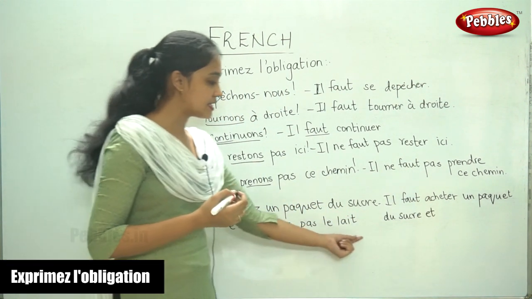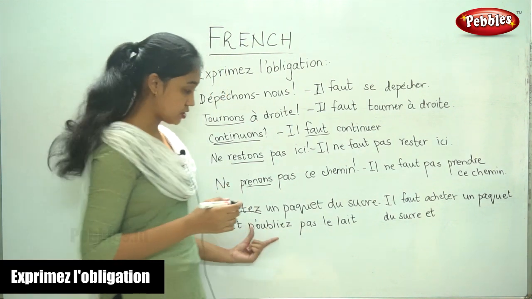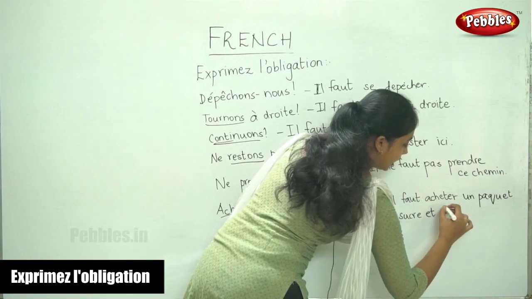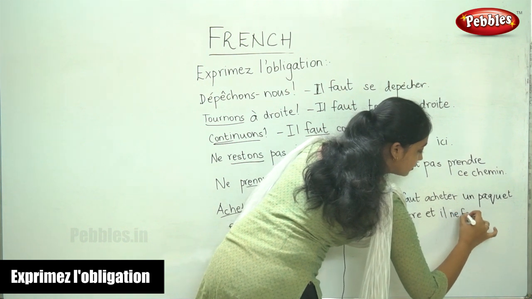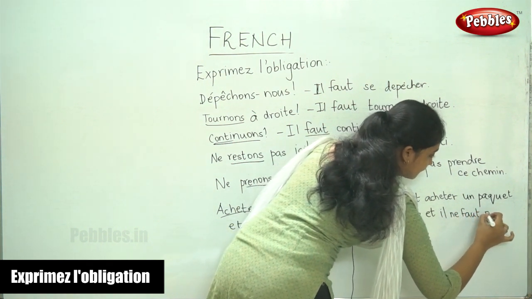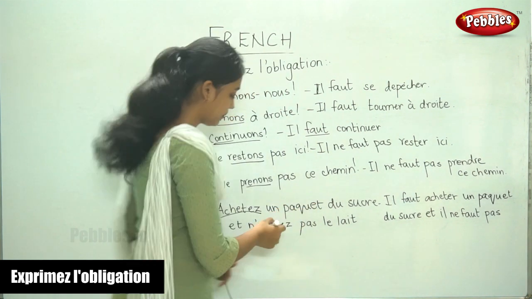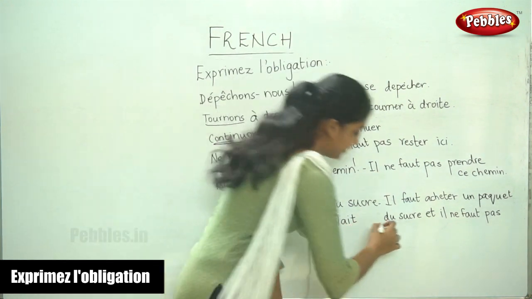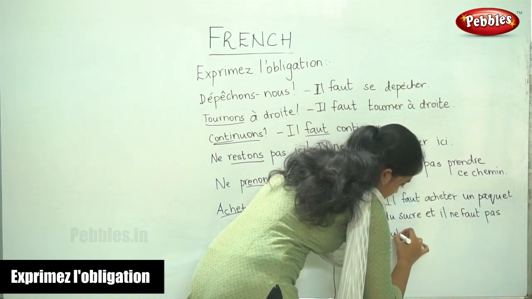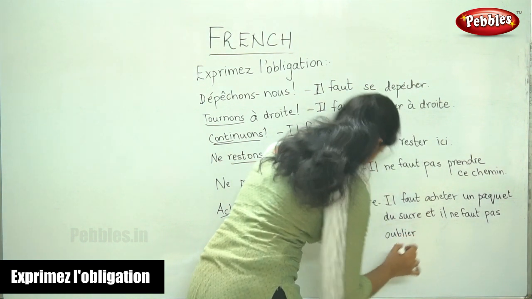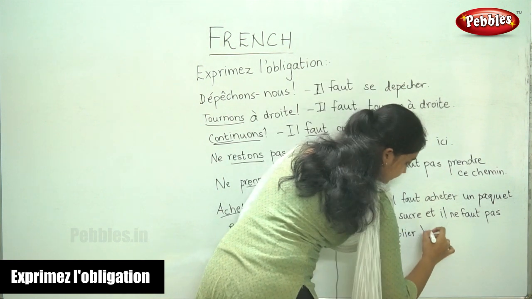Now the second part of the sentence is negative. So il ne faut pas. Il ne faut pas, and the verb is oublier. Il ne faut pas oublier le lait.